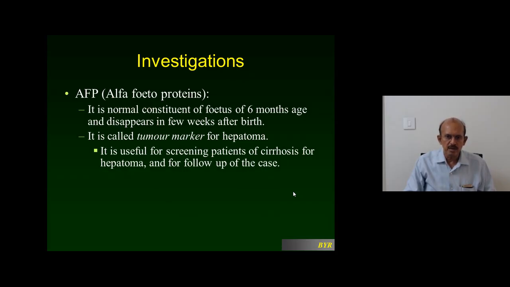It is useful for screening patients with cirrhosis for hepatoma and for follow-up of the case. Because cirrhotic patients may go into hepatocellular carcinoma, they can be screened by doing AFP regularly once in 6 months, so you can identify the hepatocellular carcinoma in these patients.